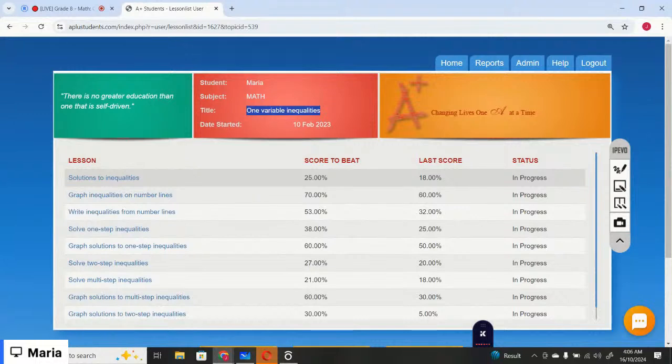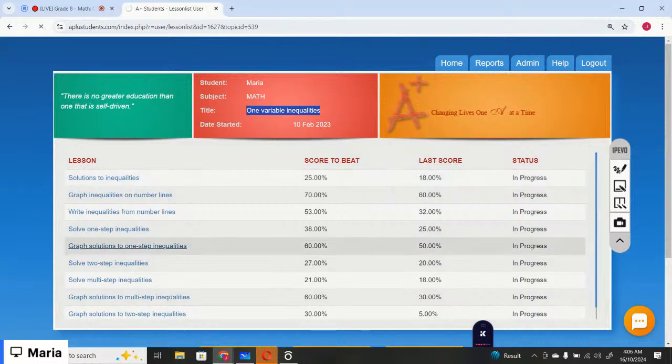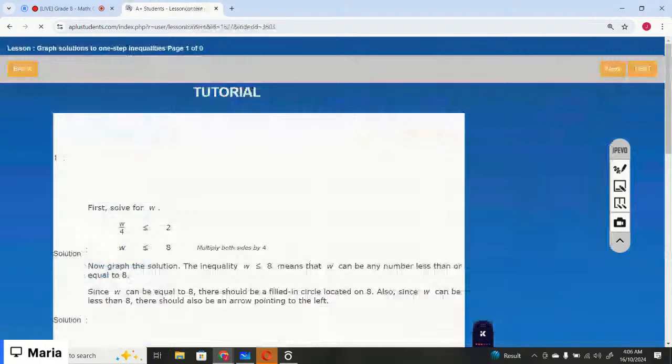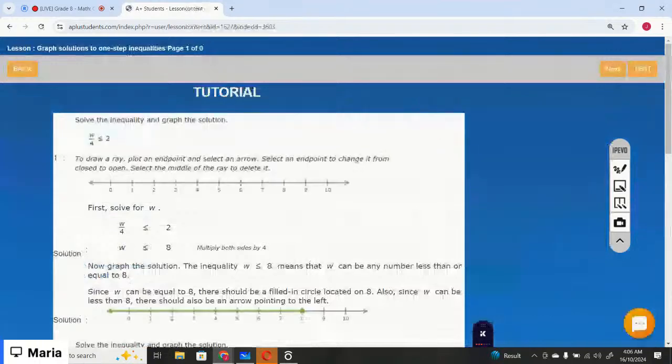Here I'm on grade 8 math. The chapter we are on right now is one variable inequalities. Let's start with the lesson graph solutions to one step inequalities. So now we're going to learn how to graph the inequality, right?